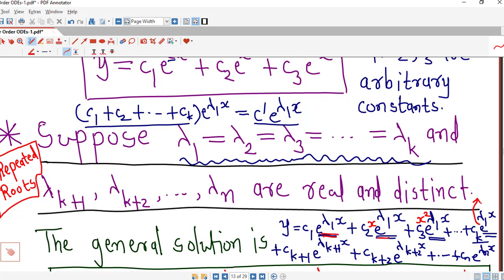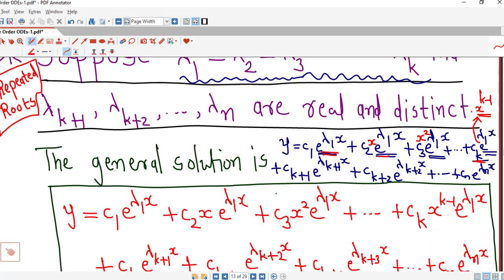If I have c2, I multiply with x, that is 2 minus 1. If I have c3, I multiply with x square, 3 minus 1. So if I have ck, I write x raised to k minus 1, so that I will have n essential constants. If roots are repeated, we keep on multiplying by powers of x, so that we have a total of n essential constants in the general solution.